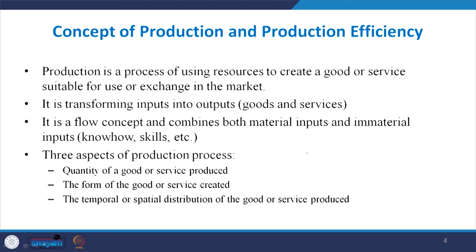First is the quantity of output or services produced. Second is the form of goods or services created, and third is temporal and spatial distribution of goods and services produced.